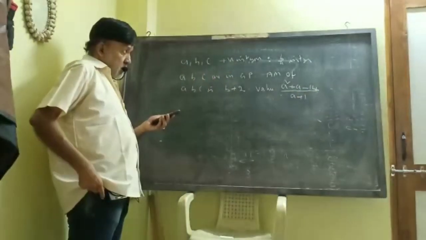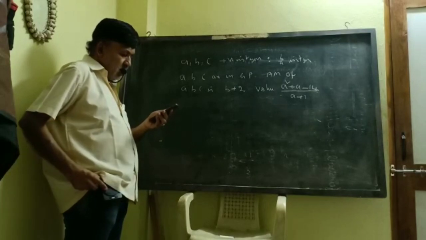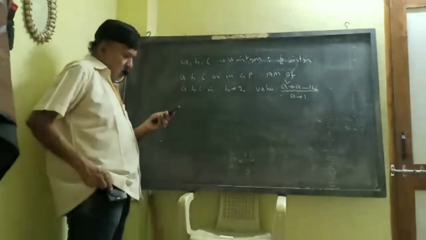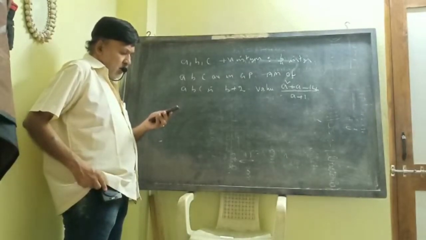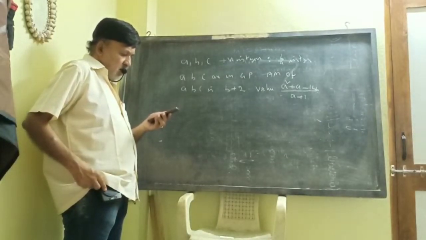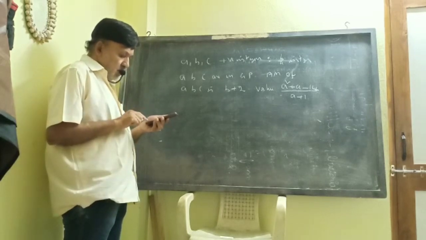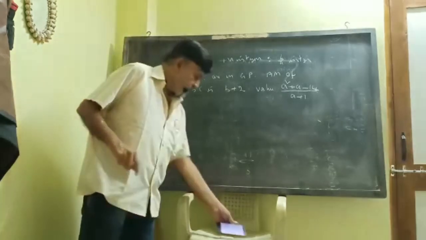To restate: a, b, c are positive integers, b by a is an integer, a, b, c are in geometric progression, and the arithmetic mean of a, b, c is b plus 2. Then what is the value of a square plus a minus 14 by a plus 1? This is the question.